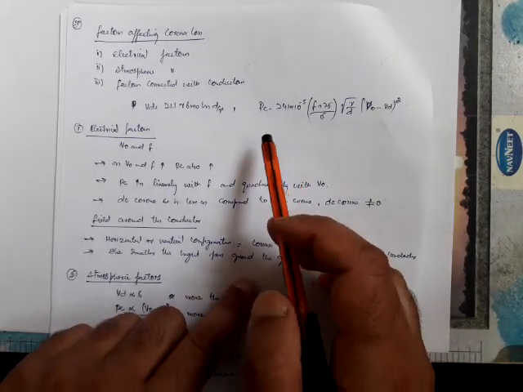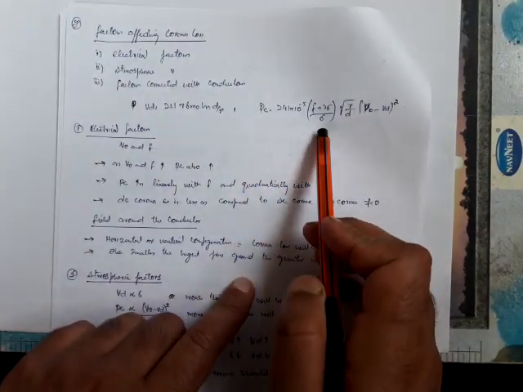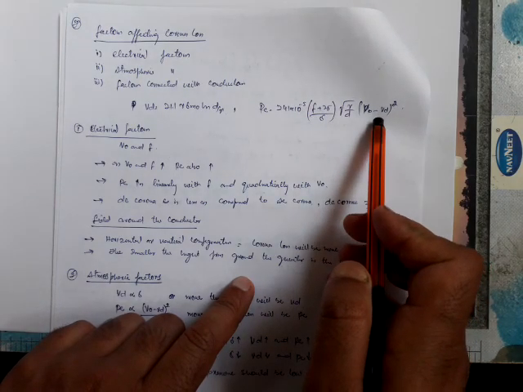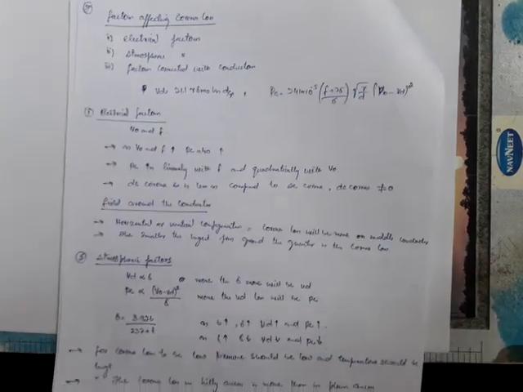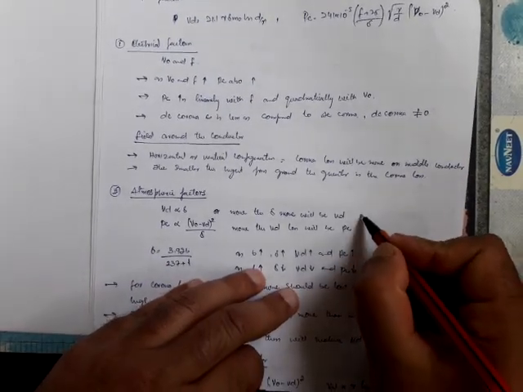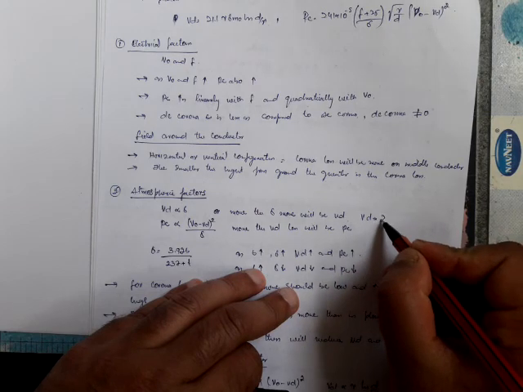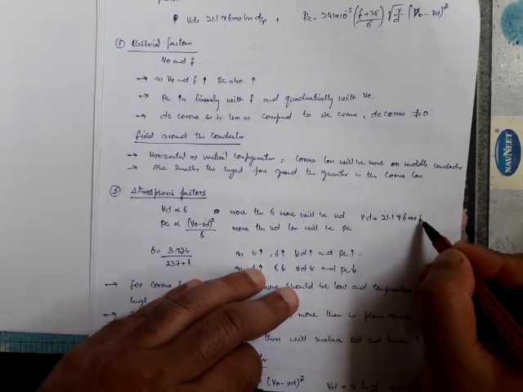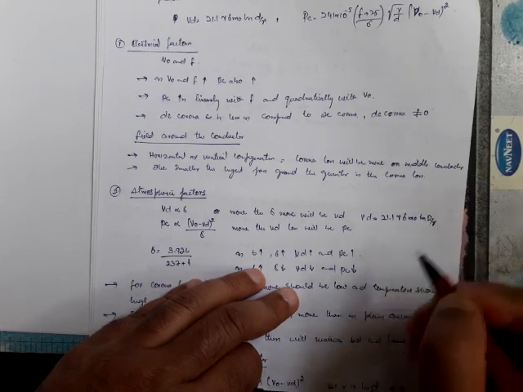From this you can see that PC is inversely proportional to delta, and we know that VD is directly proportional to delta. I have written it over here, because VD is equal to 21.1 R delta m naught ln of d by r.